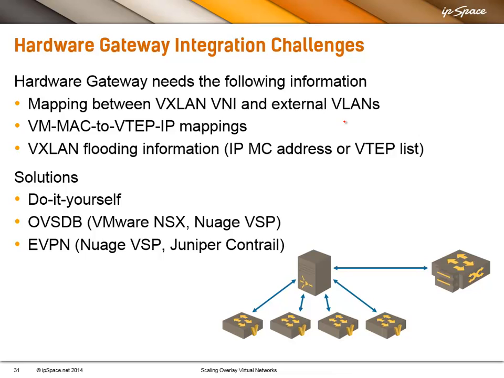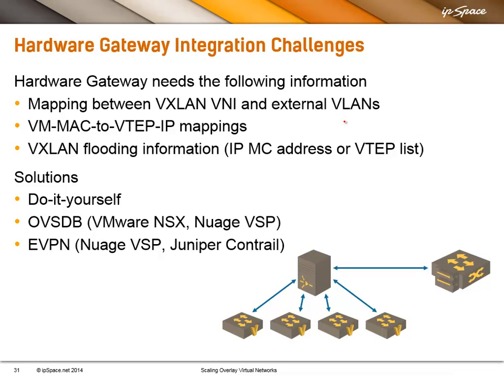It needs mappings between the MAC addresses of the VMs and IP addresses of the hypervisors, and it needs some flooding information. It could be an IP multicast address if you use IP multicast-based VXLAN, or it could be a list of hypervisors if you're using source node-based packet replication that most non-multicast-based platforms can use.